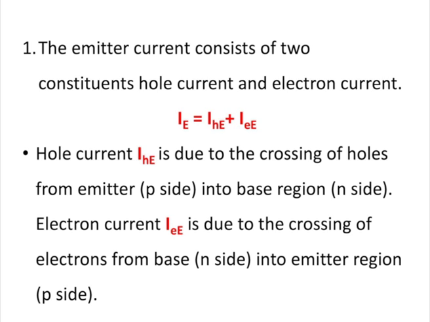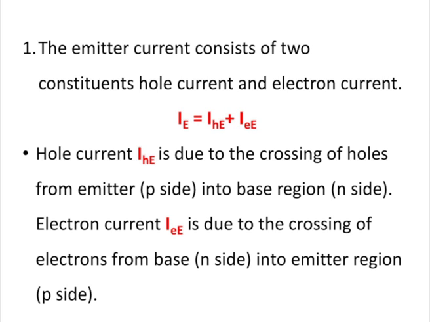All these points, the description of all these currents, we will now see one by one in steps format. What is first IE? IE represents the emitter current. This emitter current consists of again two currents, whole current as well as electron current. This current is represented as IE equal to IHE plus I of small e, capital E, where IHE is due to the forward bias in holes.